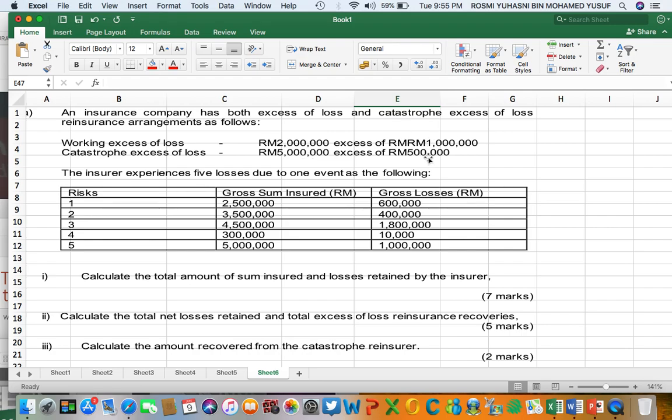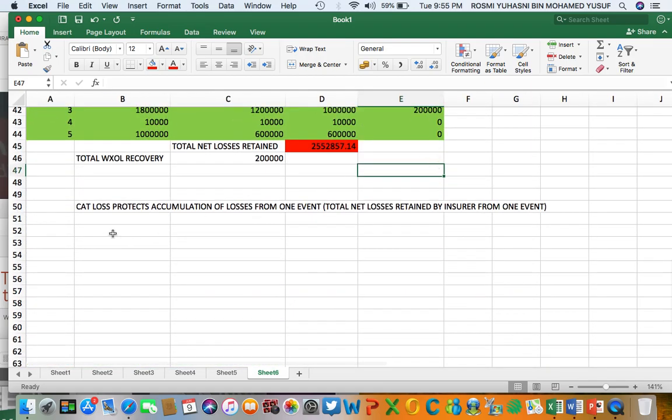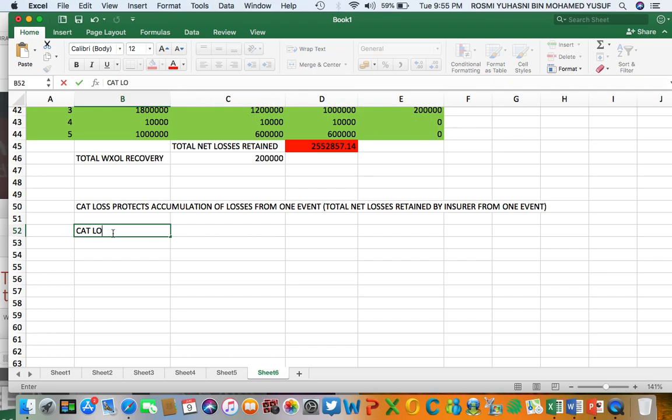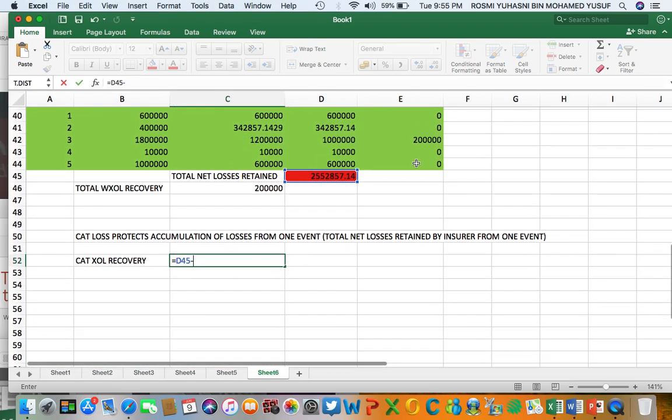So we know that the deductible is 500,000. We can straight away calculate the cat excess of loss recovery: it will be this amount minus the deductible 500,000.